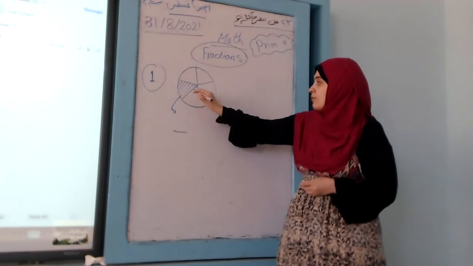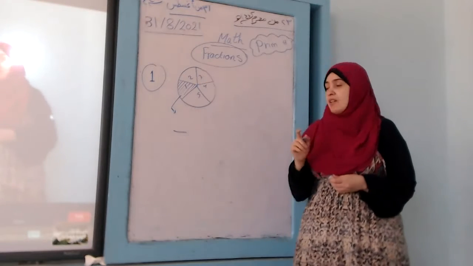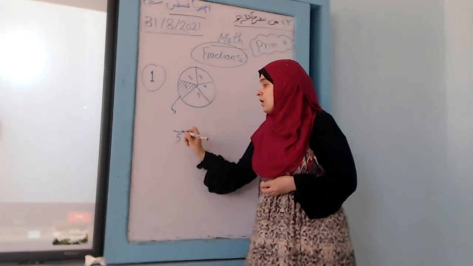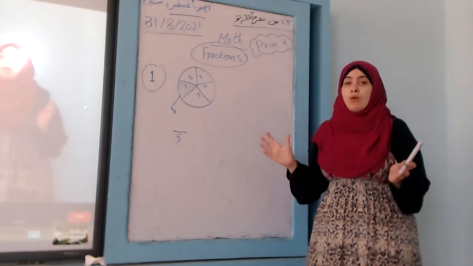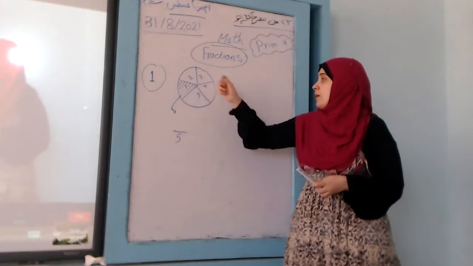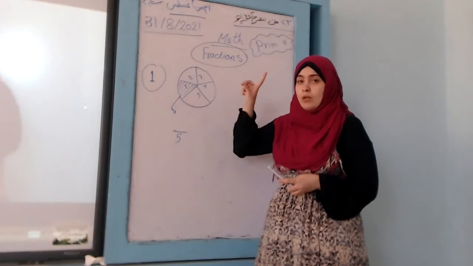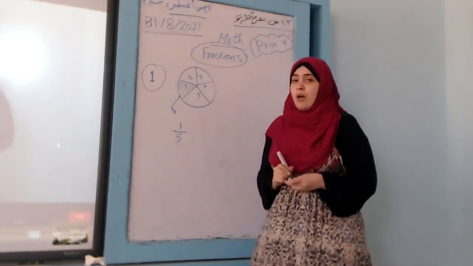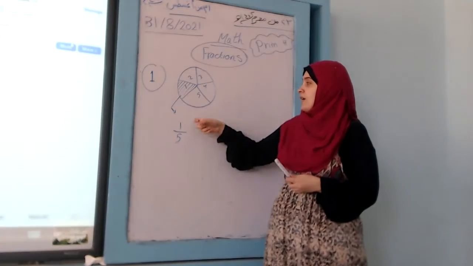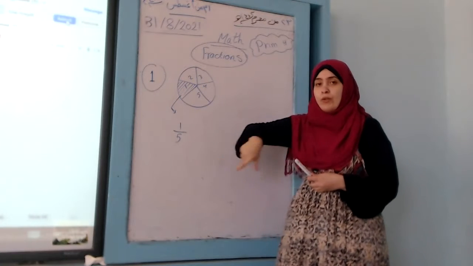Here I have 1, 2, 3, 4, 5, so I have 5 parts, and down I will write the number of all parts. Up I will write the parts I want. Here I shaded one part, so I write 1. So this part is represented by 1/5.